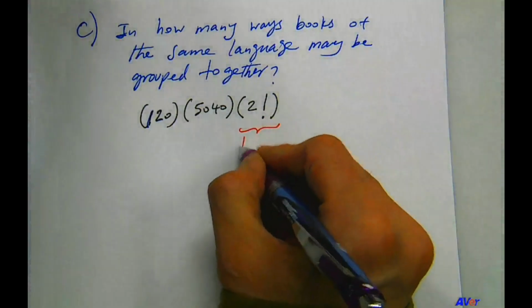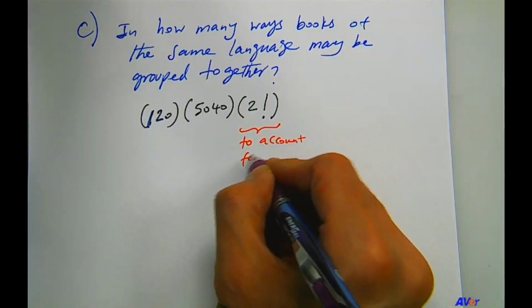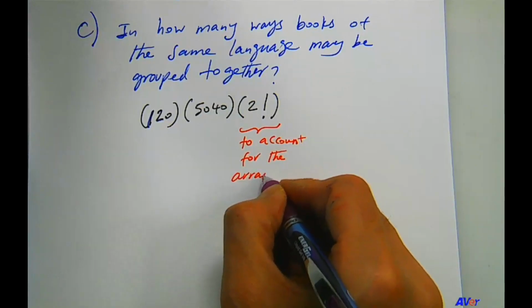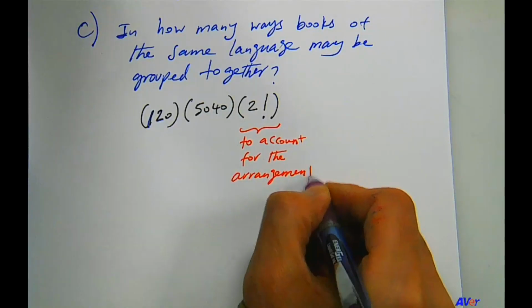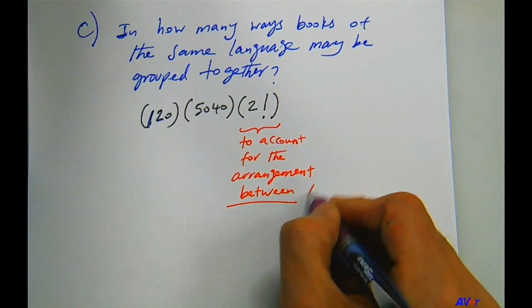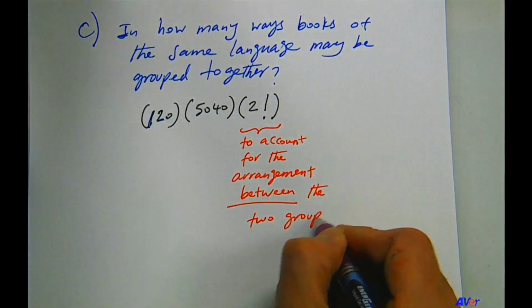So this is to account for the arrangement between the 2 groups.